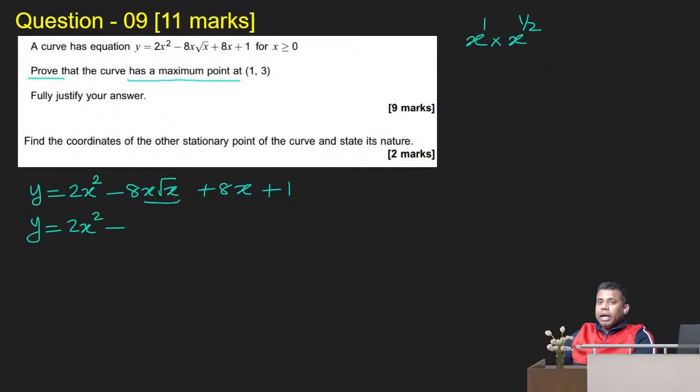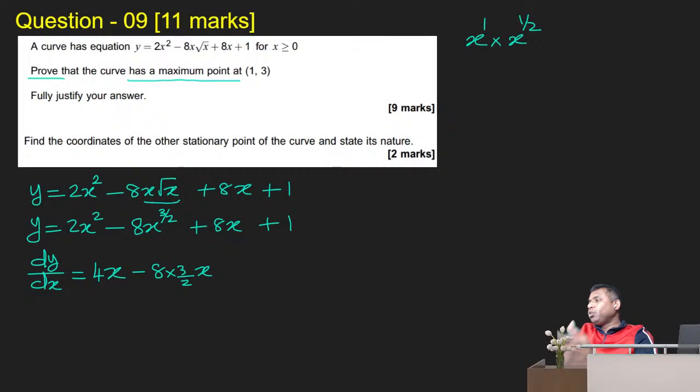If you add them up, 8x to the power 3 over 2 plus 8x plus 1. So dy by dx is going to be 4x minus 8 times 3 over 2 x to the power 3 by 2 take away 1, which is just half, plus 8. I want you to make it a little bit simplified. So what is that?